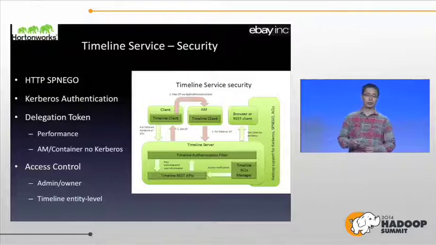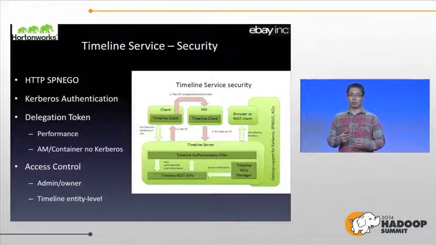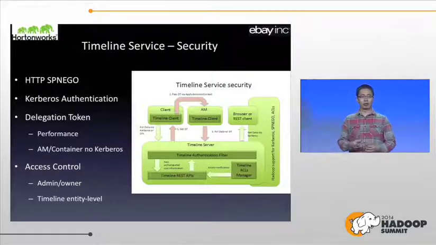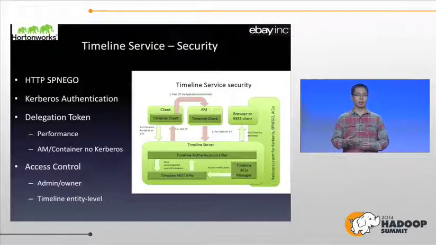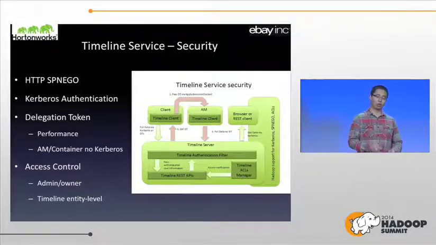The second consideration is that we allow the timeline client to be called from the application master and from the containers. The application master and containers may not run on a local machine. They may run on any machine in a YARN cluster.